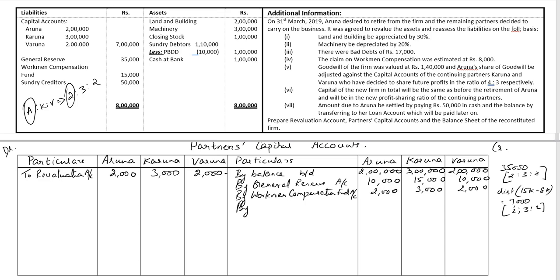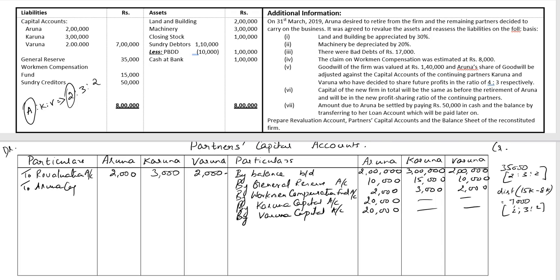By Karuna capital account, under Aruna 20,000 rupees, by Varuna capital account, again under Aruna 20,000 rupees, and to Aruna capital account, 20,000 under Karuna and 20,000 against Varuna. The entries are done.